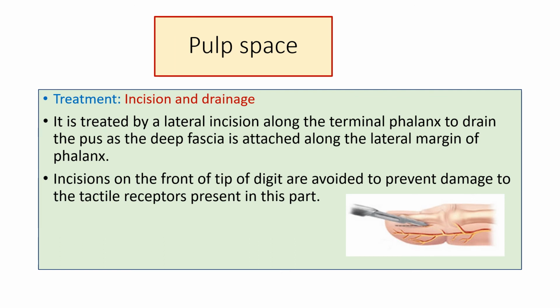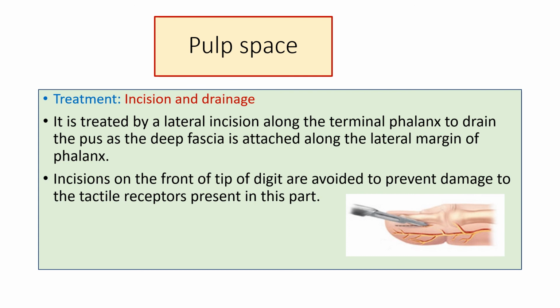The treatment for pulp space infection in the initial stages is medical management. The next level of management is incision and drainage, which is the best approach for most felons. An incision will be given on the lateral aspect of the digit as shown in the picture, about 5 millimeters dorsal and distal to the distal interphalangeal flexion crease.